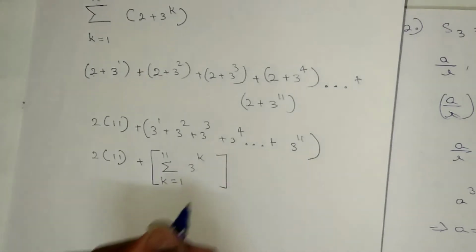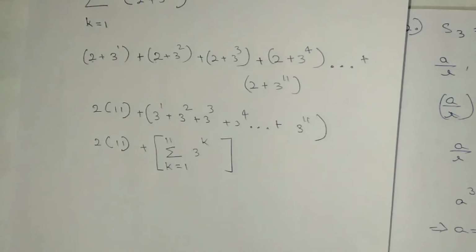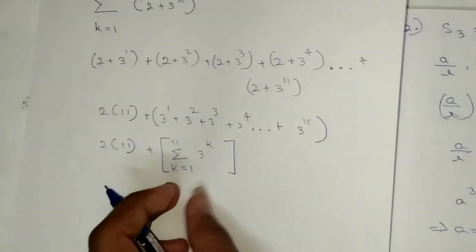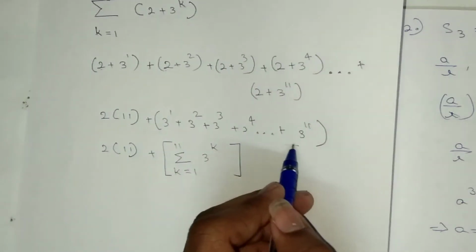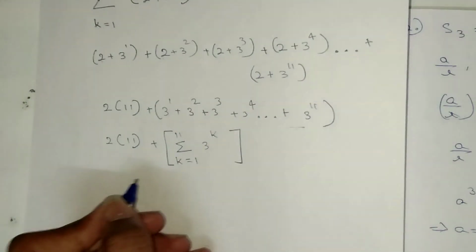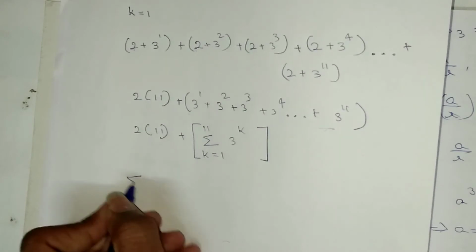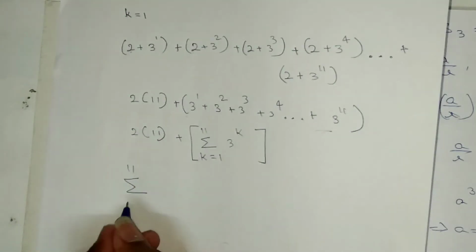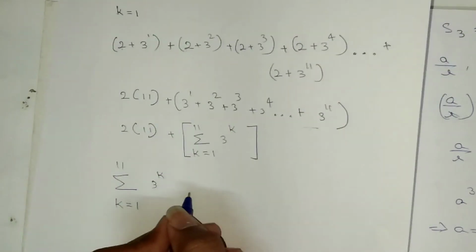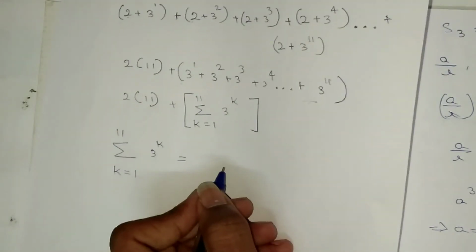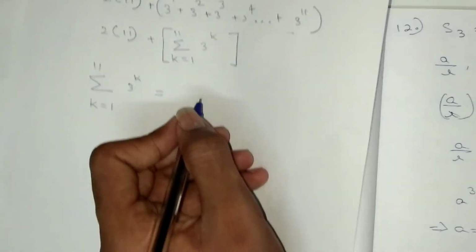After writing this like this, what you have to do is find the summation for this one. So if you take this one as the LHS, summation of k equal to 1 to 11 of 3 to the power k is equal to, you have to substitute that in the formula.